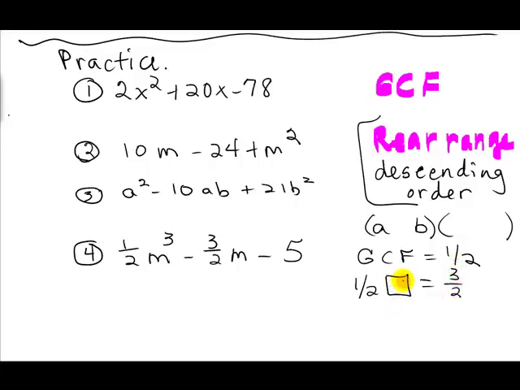Well, if I replace this with an x and we solve this equation, we would multiply by the reciprocal to cancel that. So do that here. And so x would equal 3.